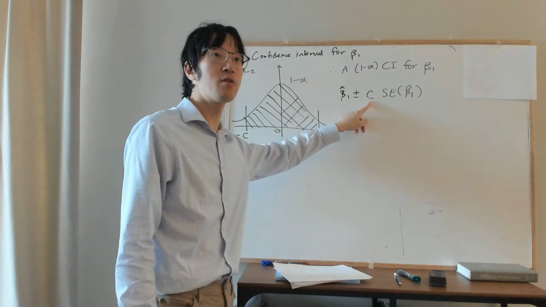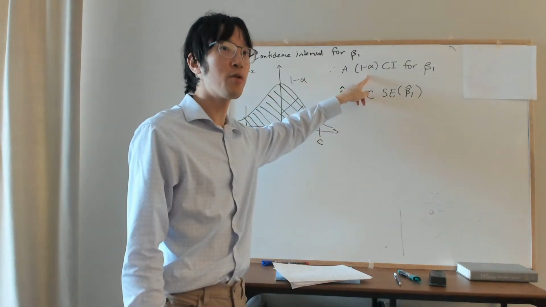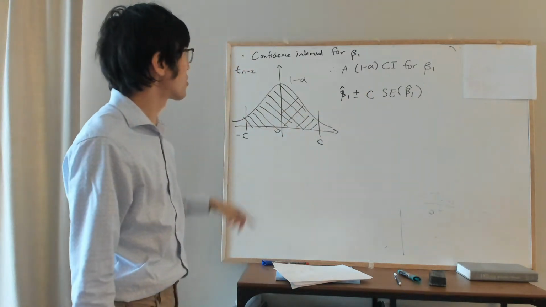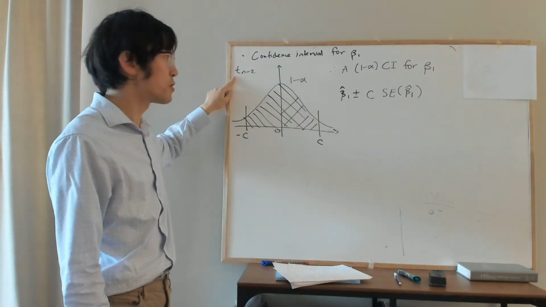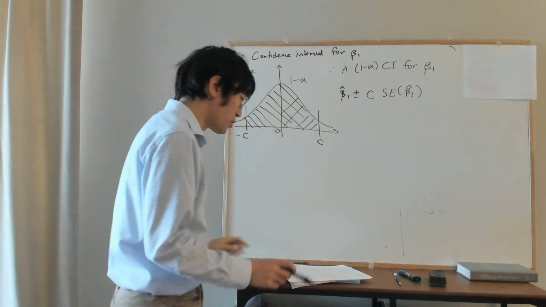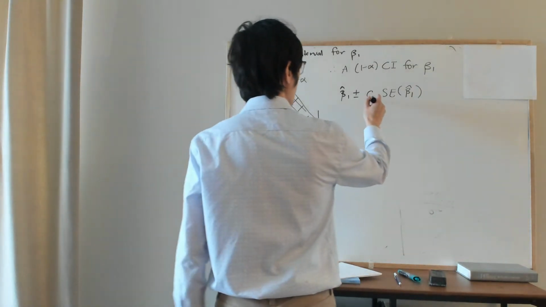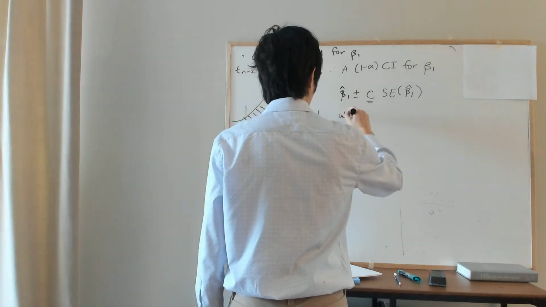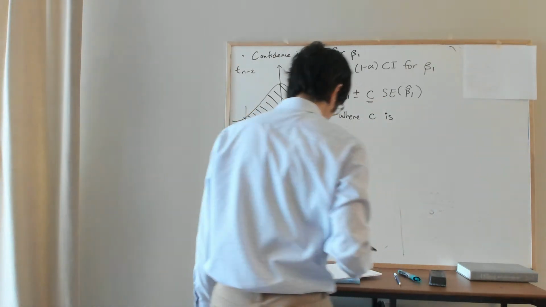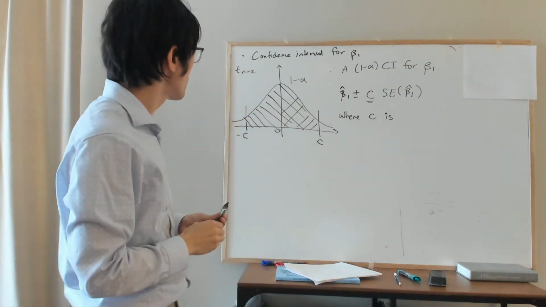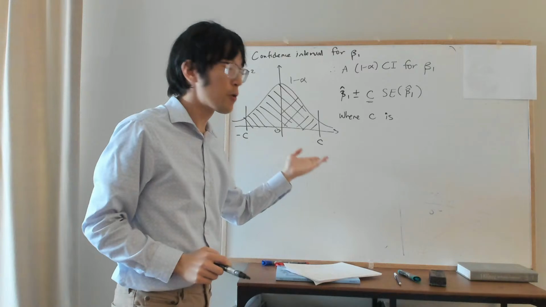This constant is going to depend on the level you want, so it's going to depend on the 1 minus alpha. And it's also going to depend on the reference distribution, which in this case is the t with n minus 2 degrees of freedom. And so we need to define what this c is. So how do you specify c? We'll write it in words.